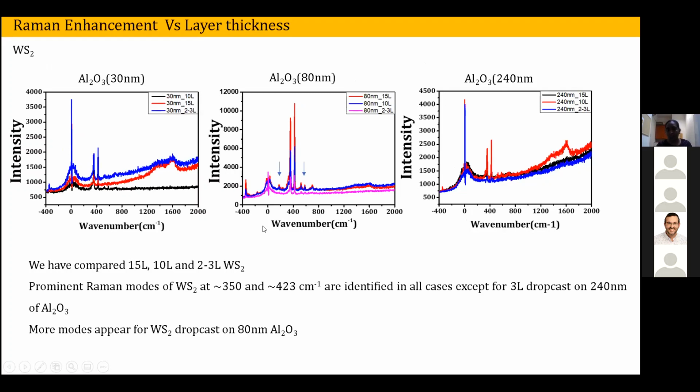But when we change the oxide thickness, we observe that for a particular oxide thickness we see an enhancement in the Raman signal. And for say 80 nanometers of oxide thickness, we also see low frequency peaks popping up.